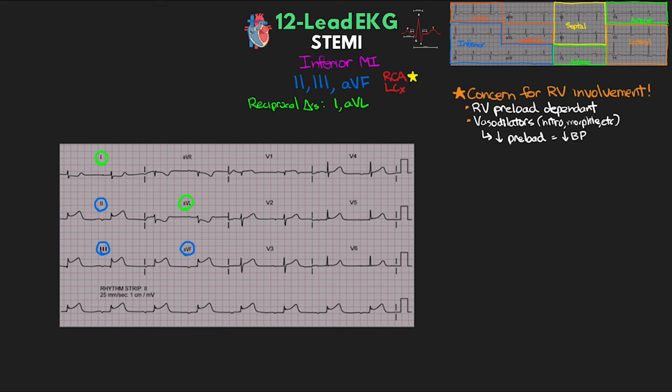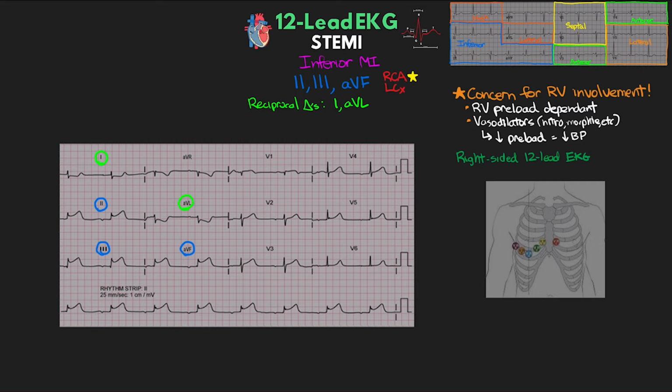So if you do identify an inferior STEMI, before you consider giving nitro for chest pain, you really should get a right-sided 12-lead EKG. To do this, it's pretty simple. We keep our limb leads where they are, and what we do with our precordial V leads is a mirror image on the patient's chest. What this means is that V1 is now going to be the patient's left sternal border, fourth intercostal space.